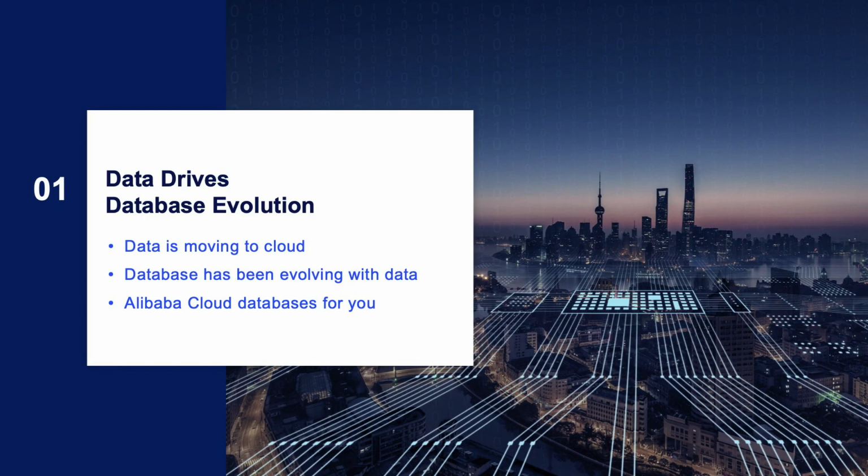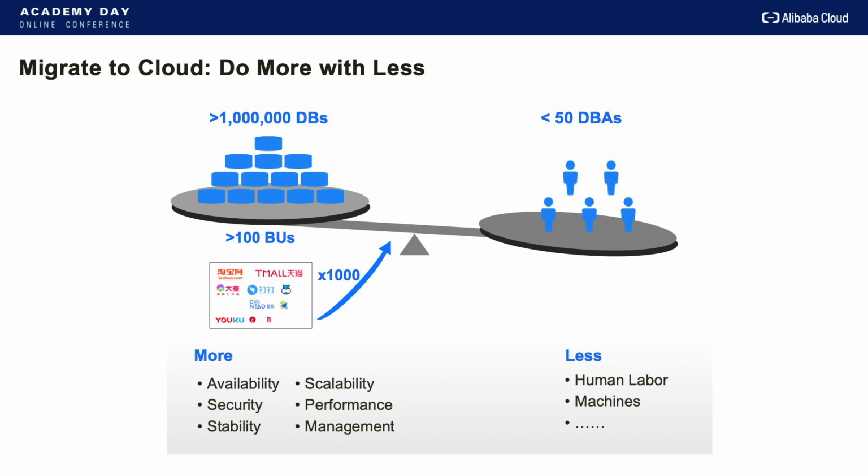So first of all, let's try to answer the why question first. You want to do more and spend less by migrating your databases to the cloud. If you look at the database usage internally by Alibaba, the chart represents how the cloud databases are being used by a ton of business units under the Alibaba Group umbrella.